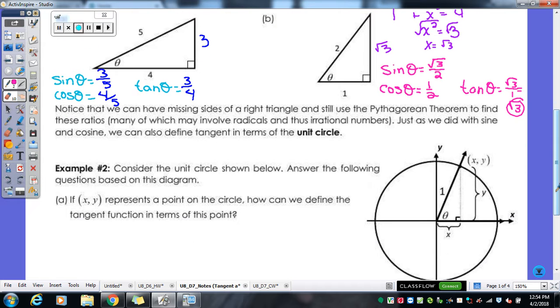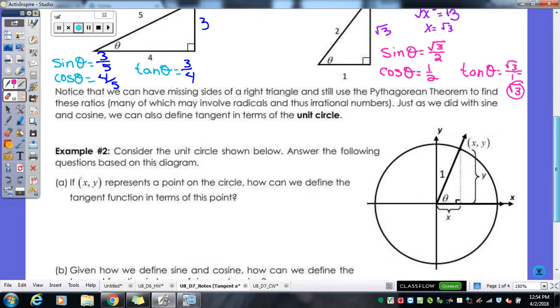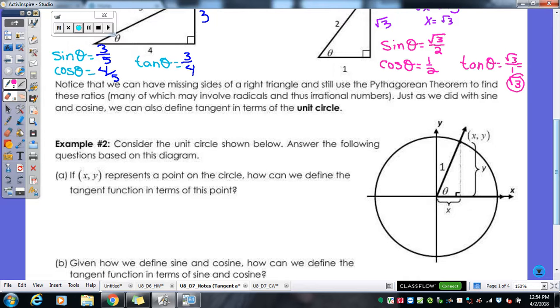Now, as we've been doing with our sine and our cosine, where we turned them into terms of the unit circle, we're going to turn our tangent into terms of the unit circle also. You can use Pythagorean theorem to find your missing sides, or we can look to our unit circle. If x, y represents a point on the circle, let's refresh our memories. X represents which one? Cosine.